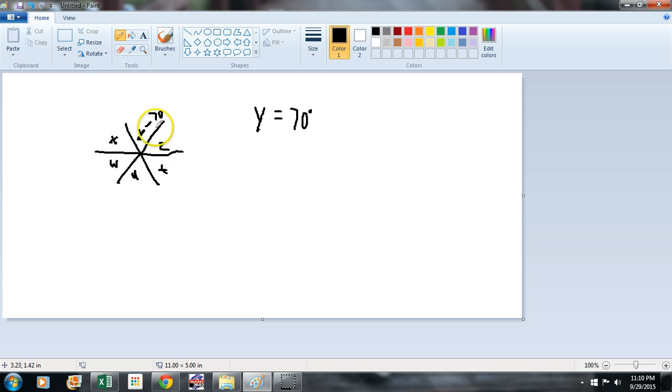If this is 70, then U also has to be 70 degrees. And what's remaining between X, Y, and Z is 110 degrees, if I choose a value.